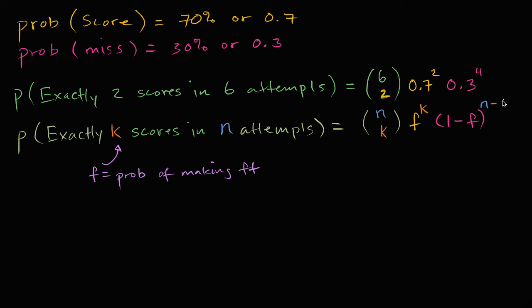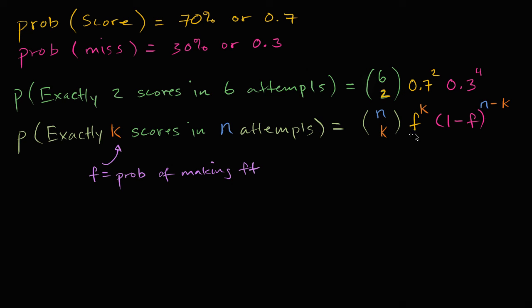And I encourage you to pause the video and make sure you understand the parallels between this example, where our F was 0.7 and 1 minus F would be 0.3, and we were seeing how to get 2 scores in 6 attempts, and here we're saying K scores in N attempts.